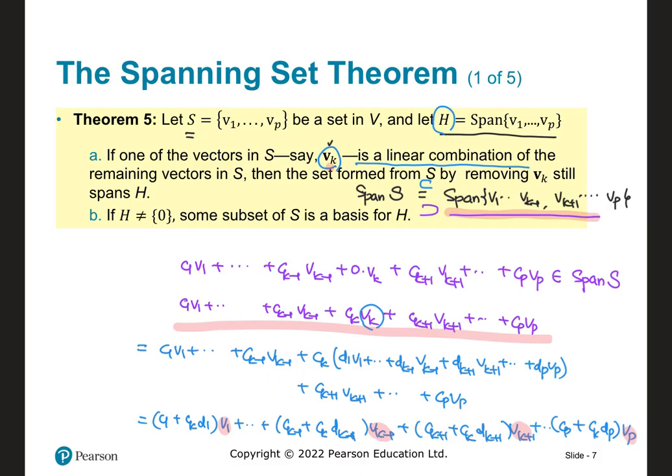Then that means the remaining vectors are linearly independent and they generate the space H. Then by definition, the remaining set will define a basis. So at some point, after the elimination of some vectors, the remaining set will be a basis for H space.